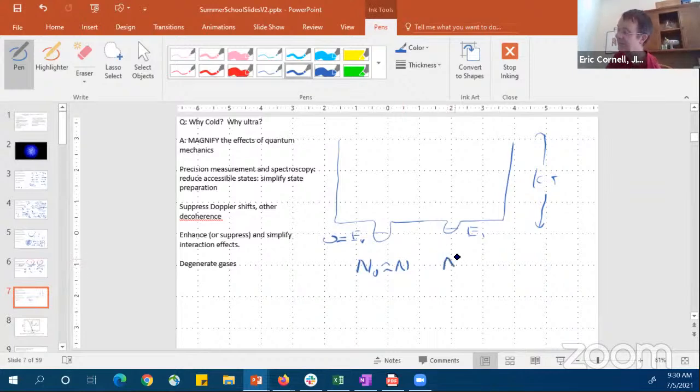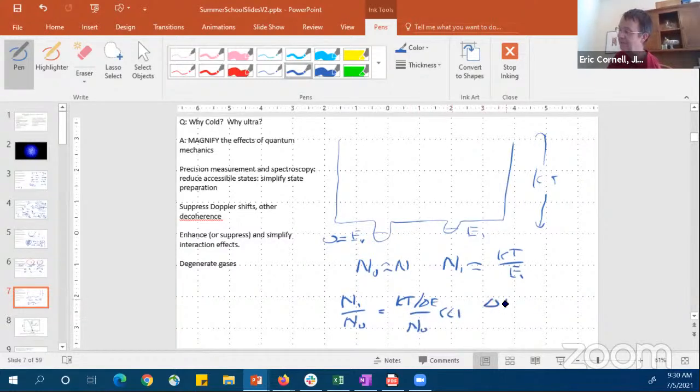The number of atoms in the first excited state, in the limit of kT being large, is kT over E1. And if we want the number of atoms in the excited state to be much less than the number of atoms in the ground state, basically I'm saying I want kT over delta E over N0 to be much less than 1.